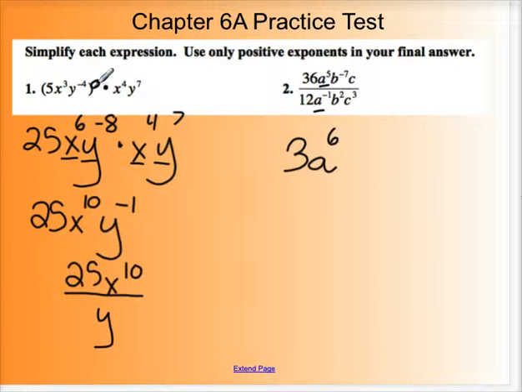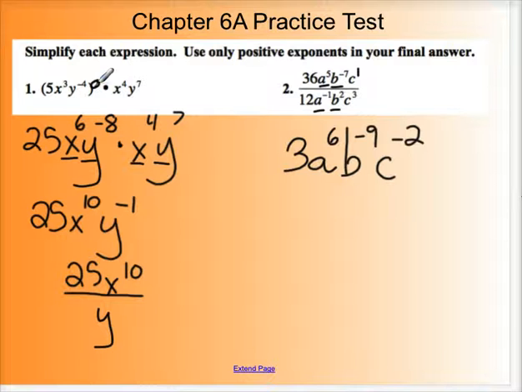For that b, so now we have b to the negative 7 divided by b to the 2. Well, negative 7 minus 2. That's going to make it even more negative, and we're going to end up with a negative 9 there. And then c to the first divided by c to the 3. 1 minus 3 leaves me with a negative 2.